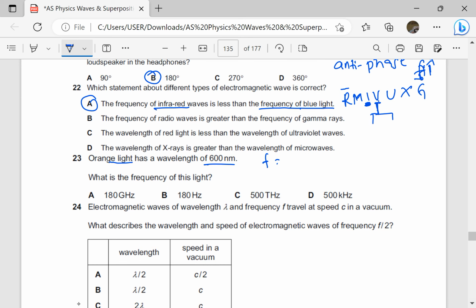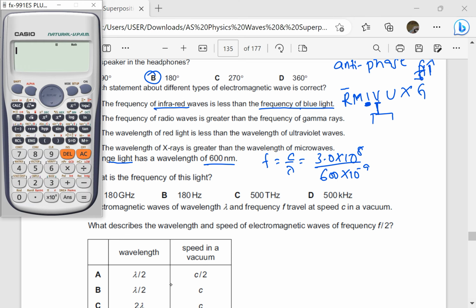So frequency is going to be the speed divided by lambda, which will be 3.0 times 10 power 8 divided by the wavelength, which is 600 nanometers, that is times 10 power negative 9. So that is 5 times 10 power 14.